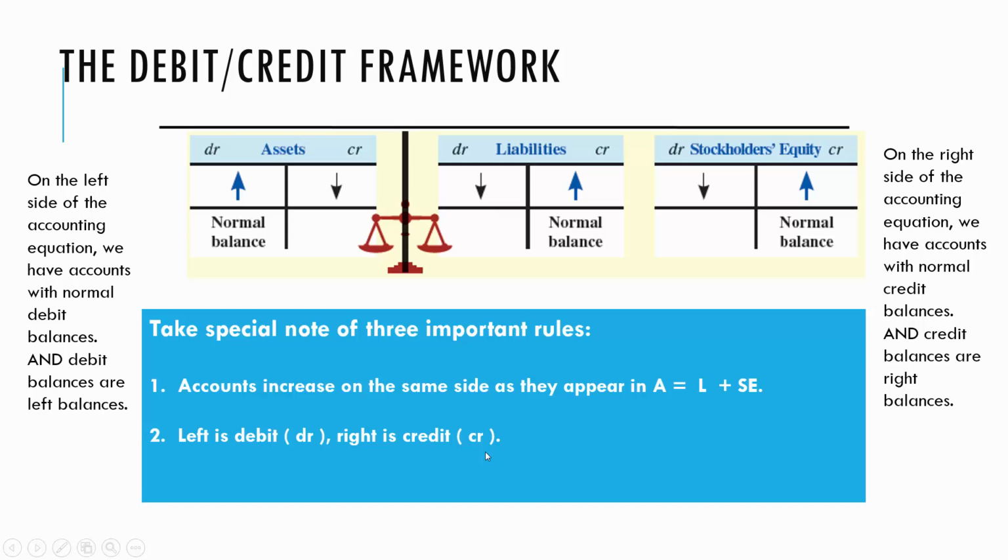And sometimes when I take notes, I write D or C, because the D stands for debit, the C stands for credit. And the normal balance agrees with the same side that it increases. So that's why you have down here increasing assets is a debit, increasing liabilities is a credit, increasing stockholders' equity is a credit, and these are also the normal balance. So the normal and increase are on the same side.